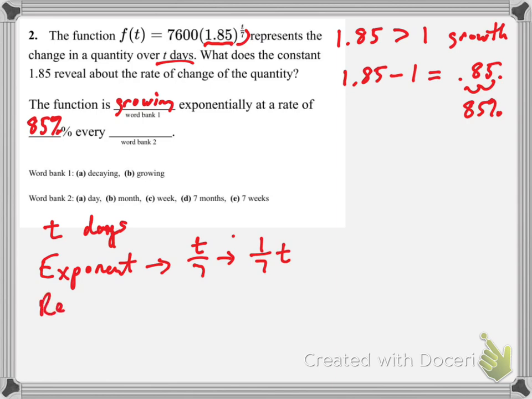Now we take the reciprocal. So the reciprocal of 1/7 is 7.